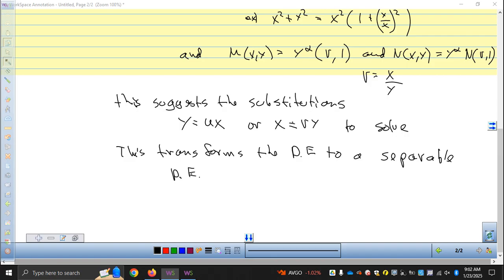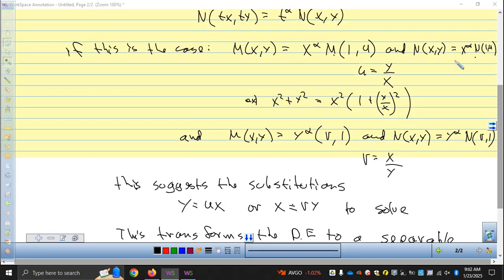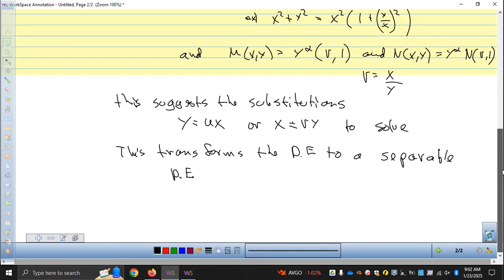So we're transforming our variables now from x and y to u and v, and we have a separable equation that we can then solve for u or v, and then we can back substitute to solve for x and y. Using these substitutions in our original equation, it's really not difficult to rewrite the differential equation in separable form.